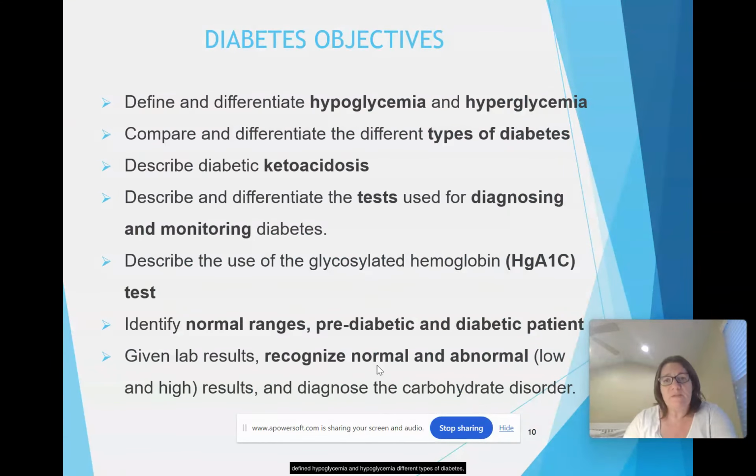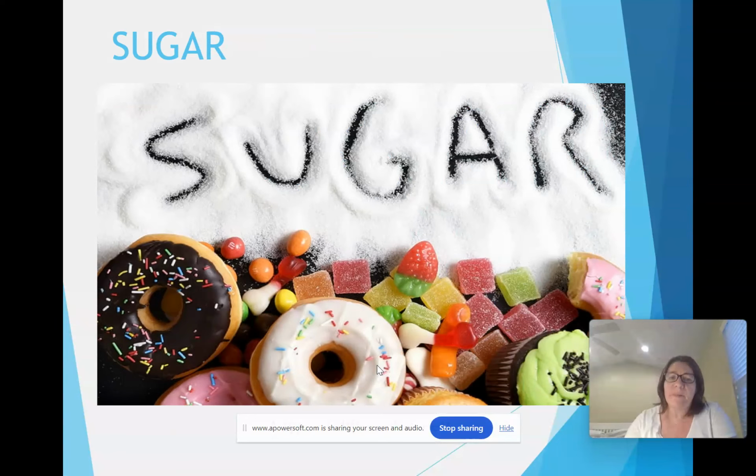Define hypoglycemia and hyperglycemia, different types of diabetes, ketoacidosis, test. One of the most important today is the hemoglobin A1C, and then identify normal ranges, diabetic patient, and normal and abnormal result.